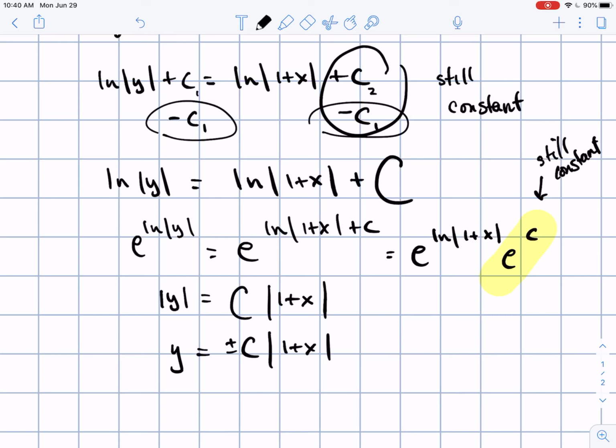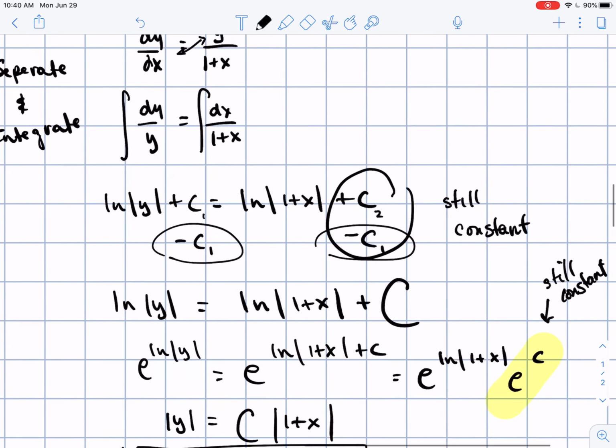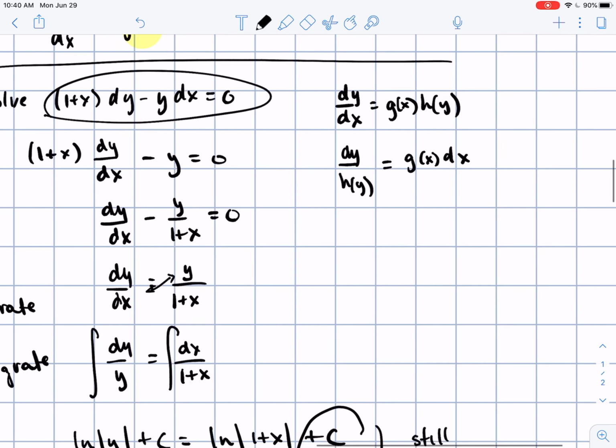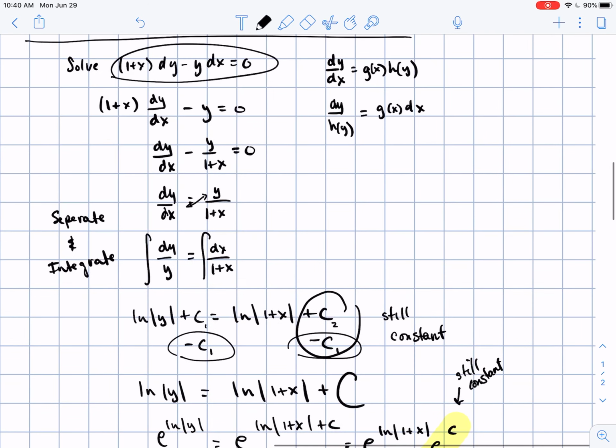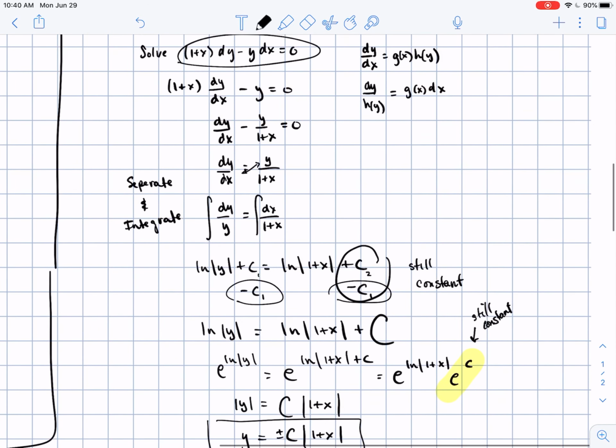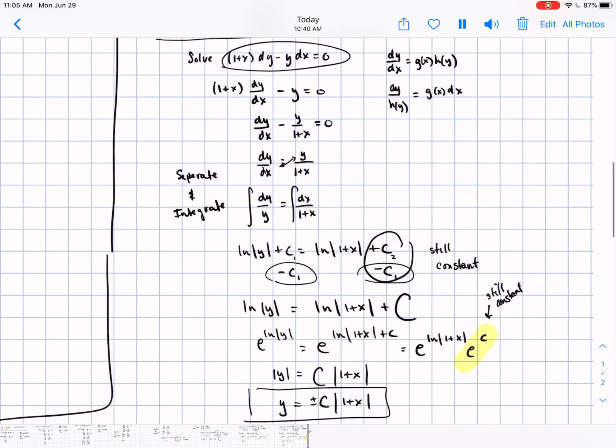But when you're solving, really the plus or minus doesn't mean too much, okay? So this is our solution to the differential equation that we started with up here. And there you go.